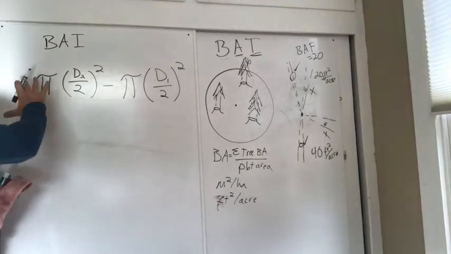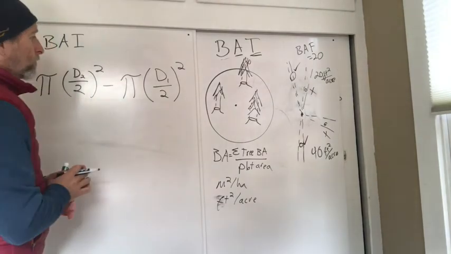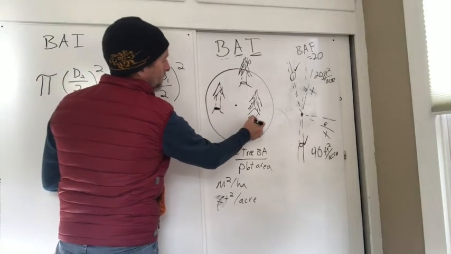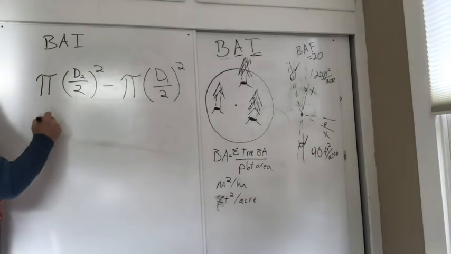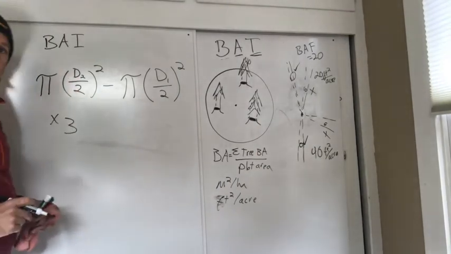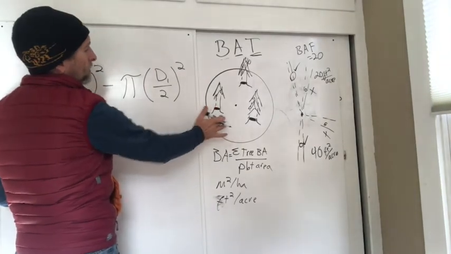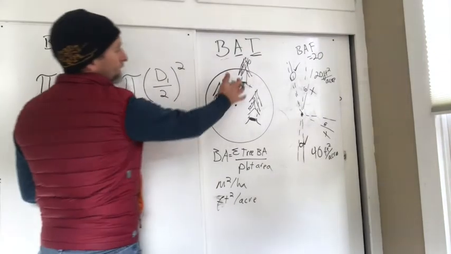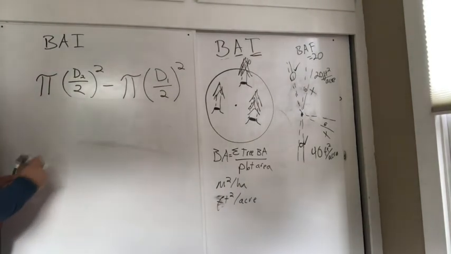If this was all done for one tree, then we could do the same thing for every tree within a plot. In this case, 1, 2, 3. And we would have this equation 3 times, but with different diameters for each. And so this equation in our plot here would be repeated 3 times, once for each tree, and then divided by the plot area.